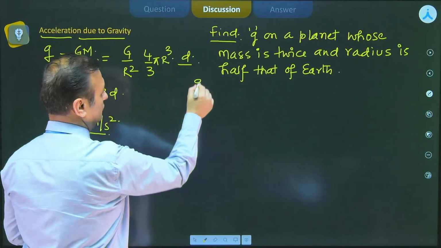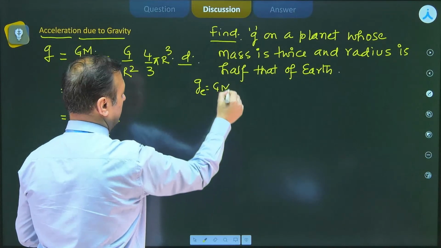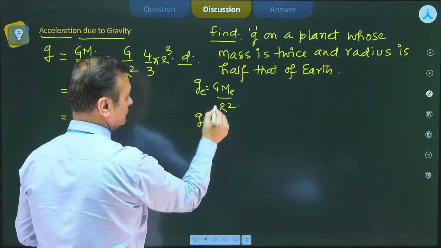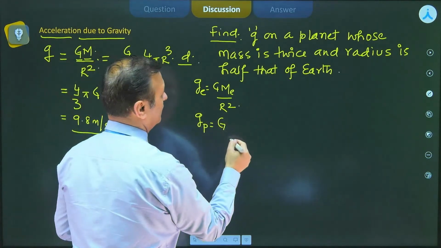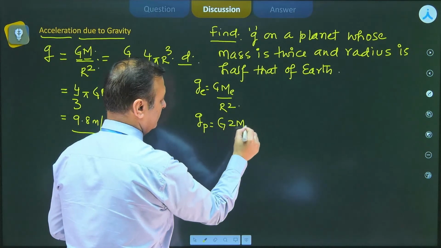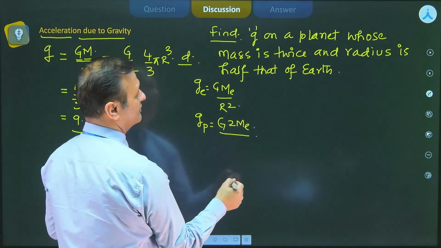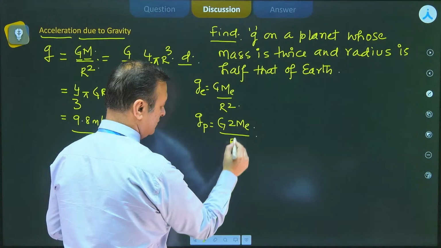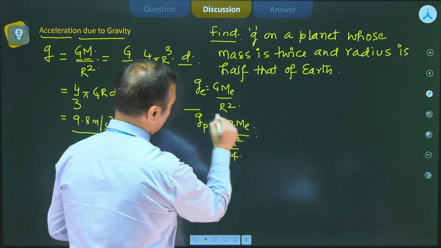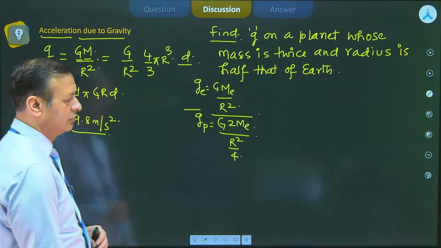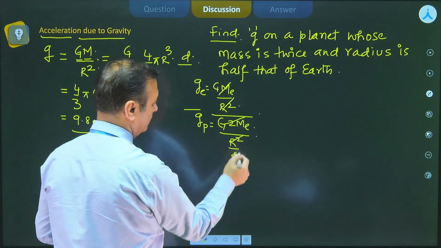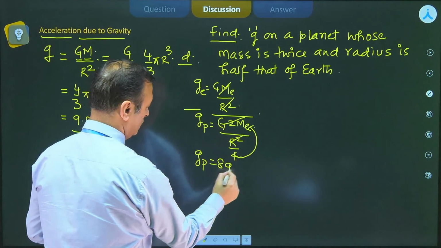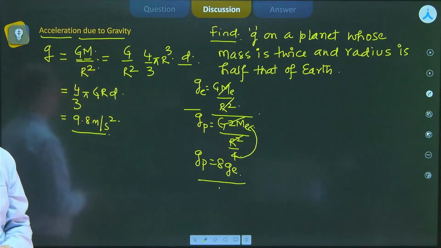So for Earth, this is GM by r square. For that planet, capital G is the same, the mass of the planet is twice the mass of Earth, and the radius is half, so that is r by 2, which makes it r square by 4. And again you take the ratio, so this 4 makes you 8. Got it or not?